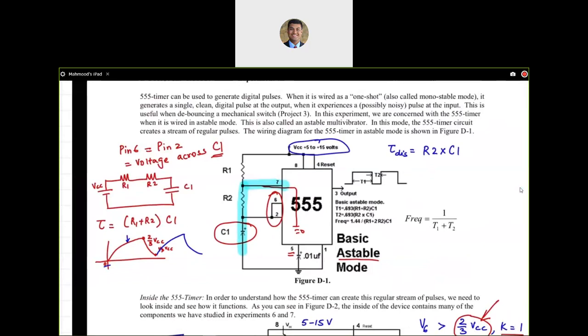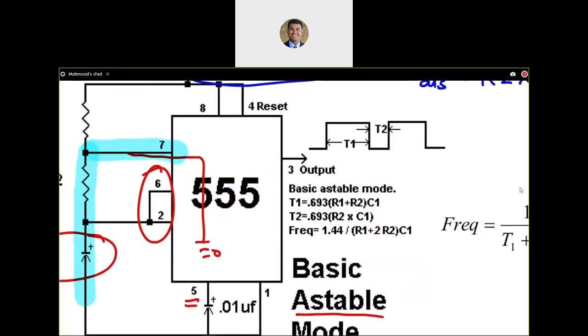So as you can see here, we answered these two questions at the beginning of the lecture. How much time does it take for a capacitor to charge from 1/3 VCC to 2/3 VCC? We have proved this before: 0.693 times RC. In this case, during charging, you have R1 plus R2 times C1. For discharging, you have 0.693 times R2 times C1.